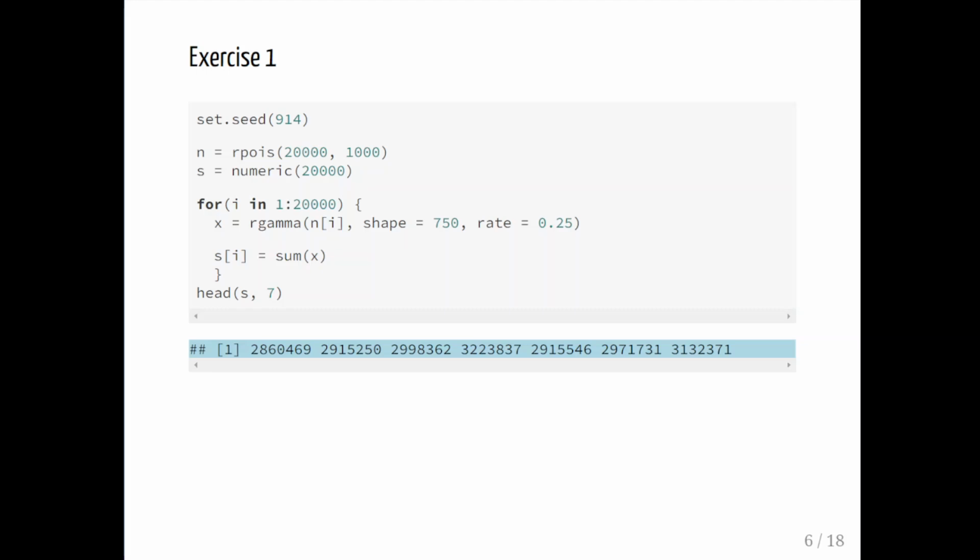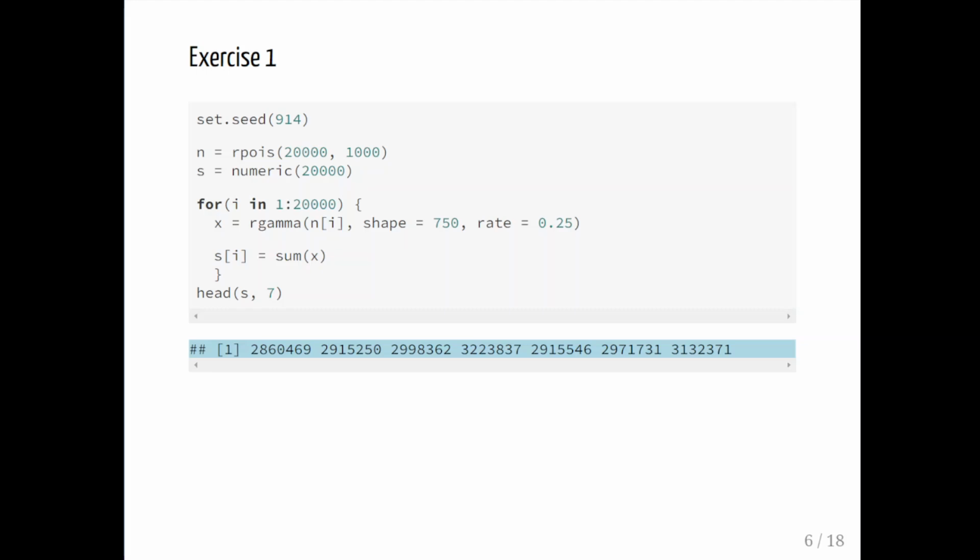This is a Poisson random variable with a parameter 1000. Essentially we have 20,000 values, and each value represents the total number of claims for each iteration. We're going to save the sums in a vector called S, initialized with 20,000 blank values, numeric 20,000.